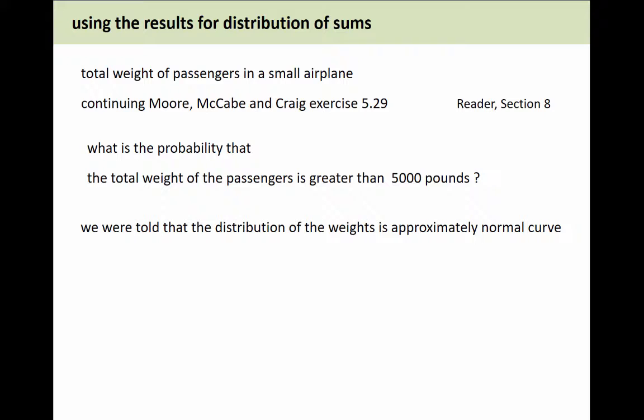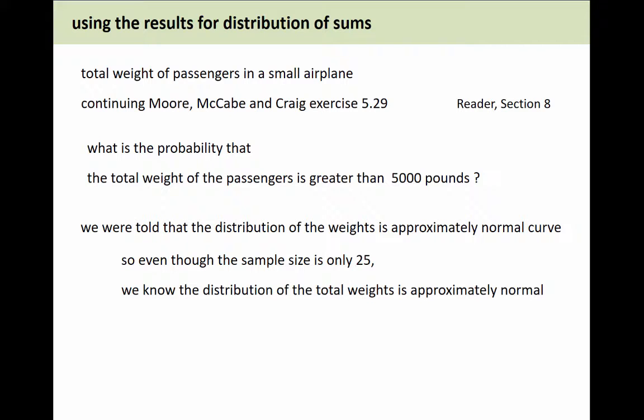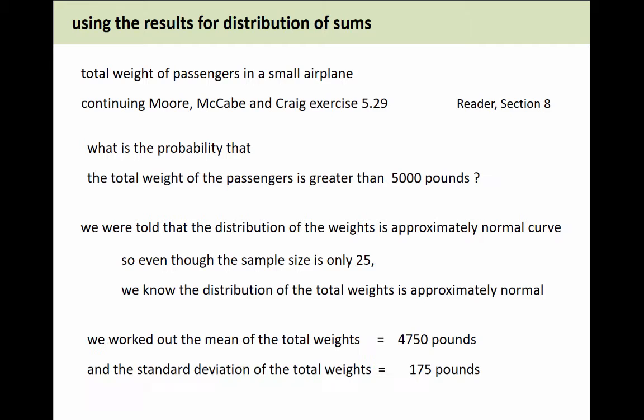And because we were told that the distribution of the weights is approximately normal curve, we know right away, even though the sample size is only 25, the distribution of the total weights we're working with is going to be approximately normal curve. So we've got the mean is 4750 pounds. We've got the standard deviation is 175 pounds.